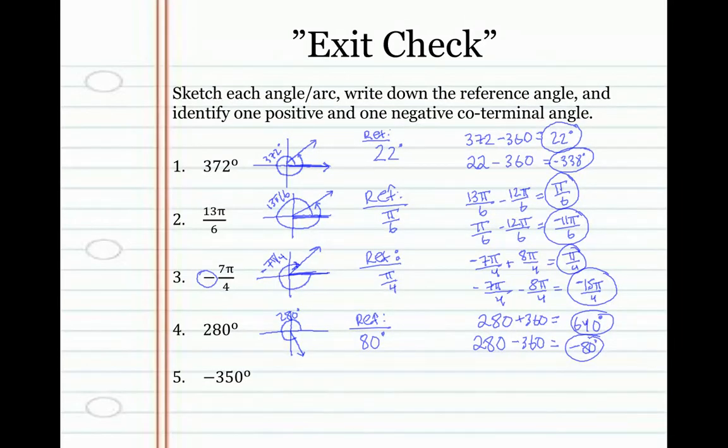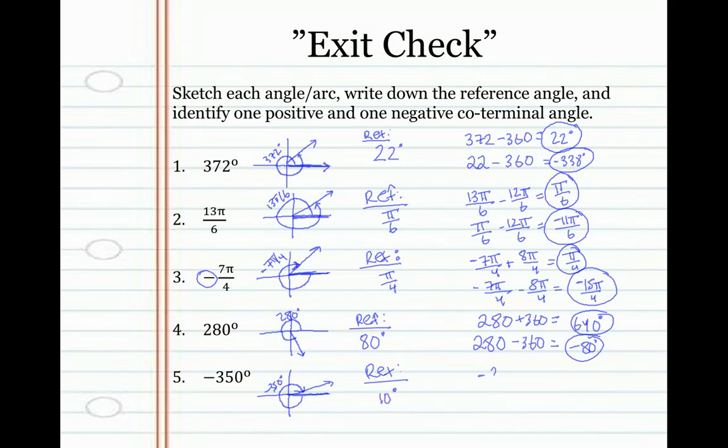What about this last one? Sketch. So negative 350, oh, it's not quite a full circle, right? But I'm going to be starting here, and I'm going to go, I don't quite get there. I get pretty close. How close do I get? How much away am I? 10 degrees, right? So my reference angle is 10 degrees.